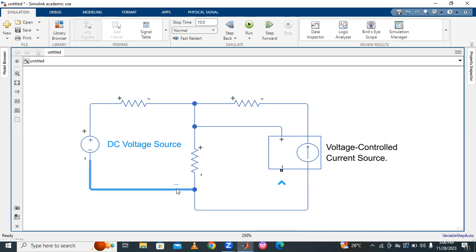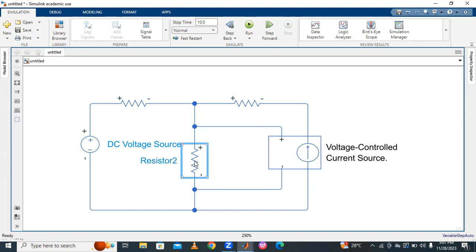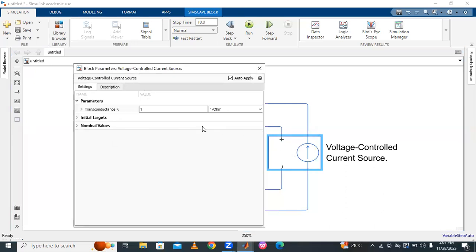The controlling voltage depends on resistor R2, so connect the depending parameter exactly parallel to it. If it is R1, connect exactly parallel to that resistor. For example, this is 4Vx. Open it, and right here, set the transconductance constant to 4.